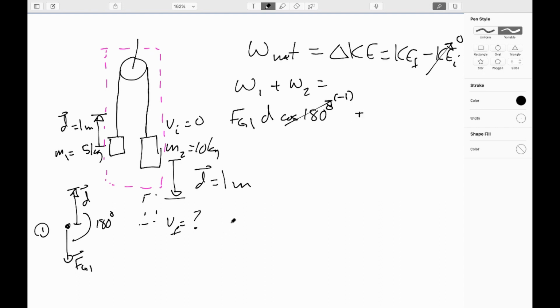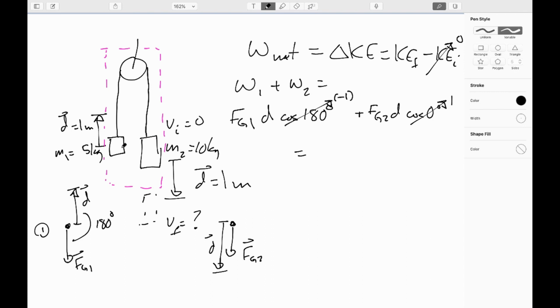All right, now for mass 2, we have the force of gravity acting on it down, and it's also displacing down. So this will be FG2 d cosine 0. Cosine of 0 is 1. All right. Let's look at this kinetic energy term.